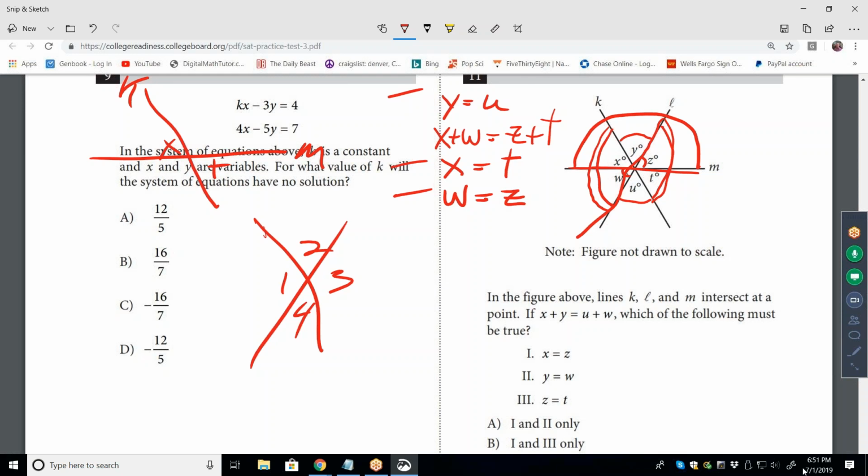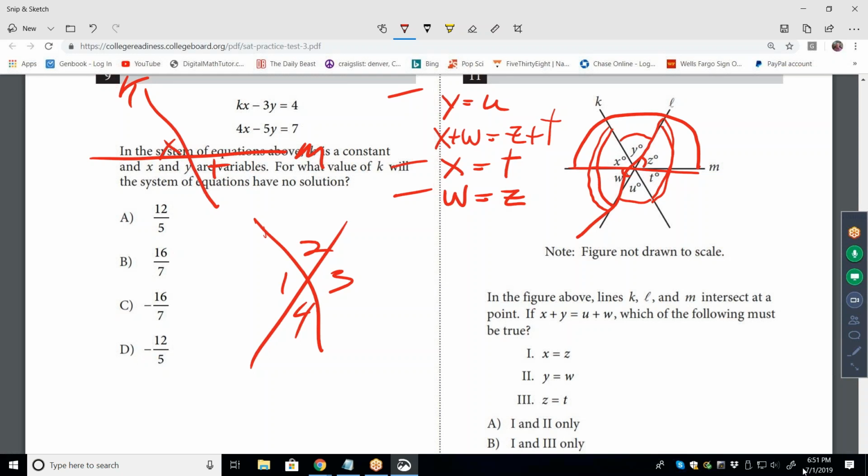Equals the bottom, w plus u plus t. In other words, the top three angles are 180 degrees, right? x plus y plus z, that's 180. And the bottom three angles, w plus u plus t, is 180. So I know that relationship is true also.